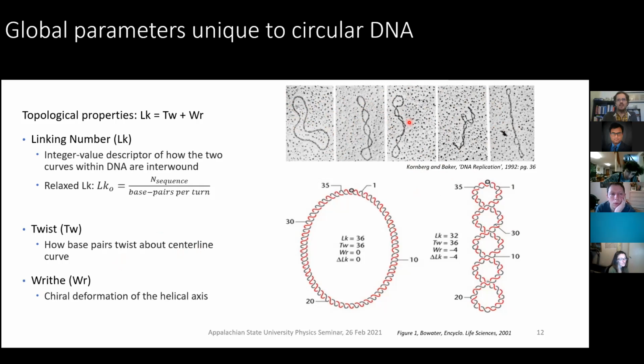The only way linking numbers can change for a structure is if a protein comes in and physically changes the orientation by nicking one chain or both chains of DNA. So you can relax or constrain it, but if you allow the form of DNA to exist naturally without any external influence, the linking number will always stay the same.